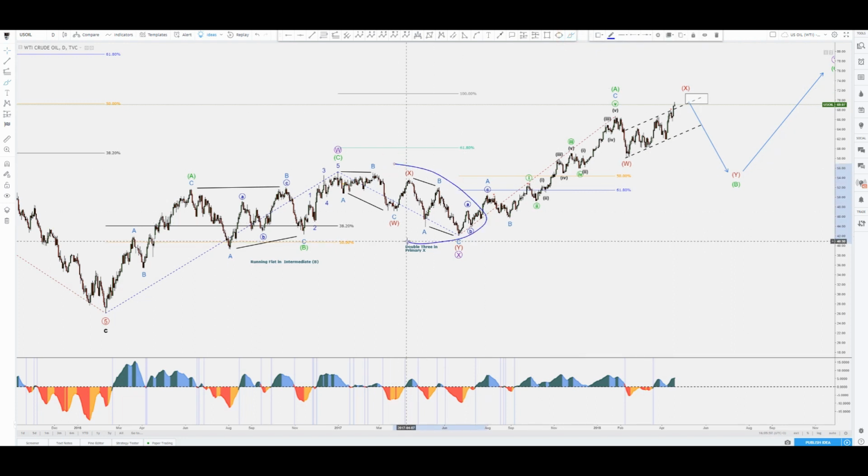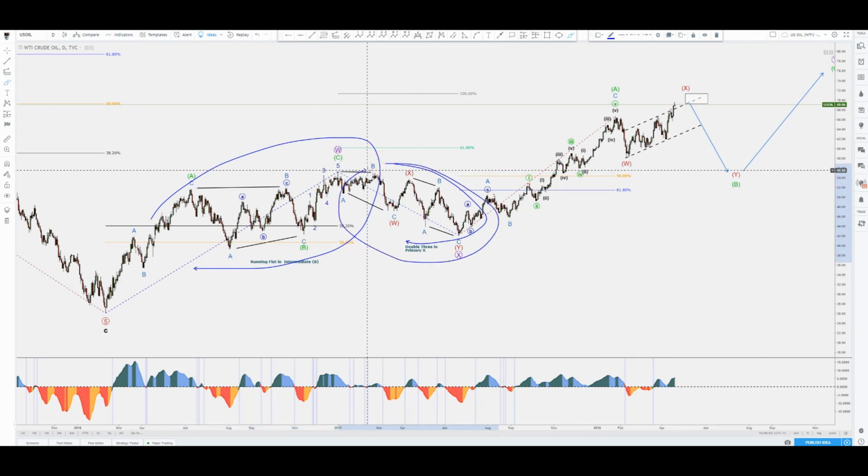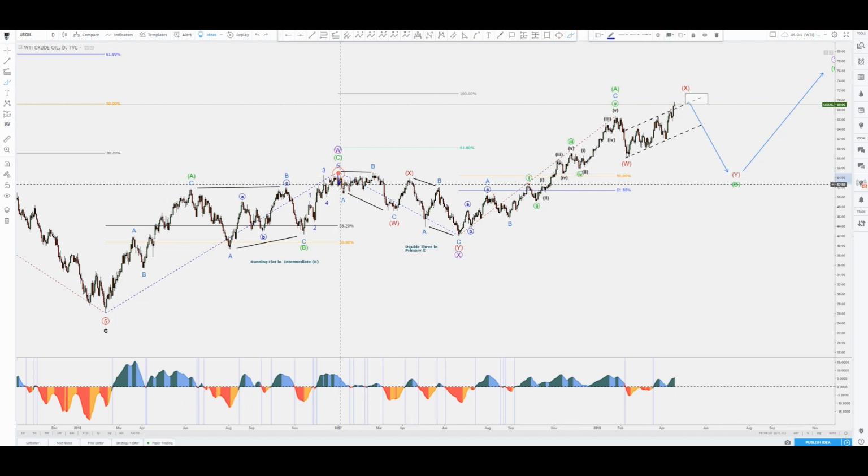So when a corrective structure is correcting a corrective, then you can expect obviously a complex type of structure. Hence the reason why this developed as a W, X, and then ABC. So we have a flat right here and a zigzag right here. So hence, this is basically a double three and primary X purple.